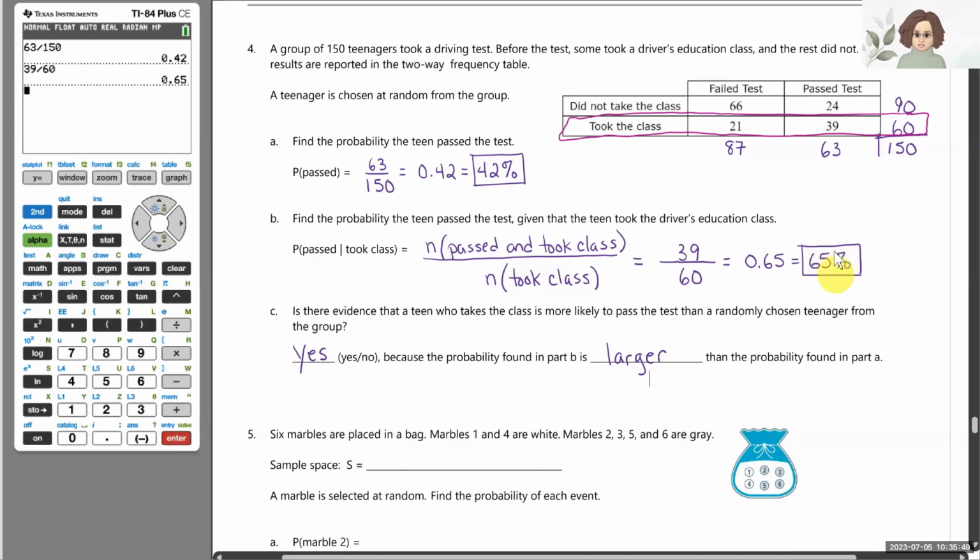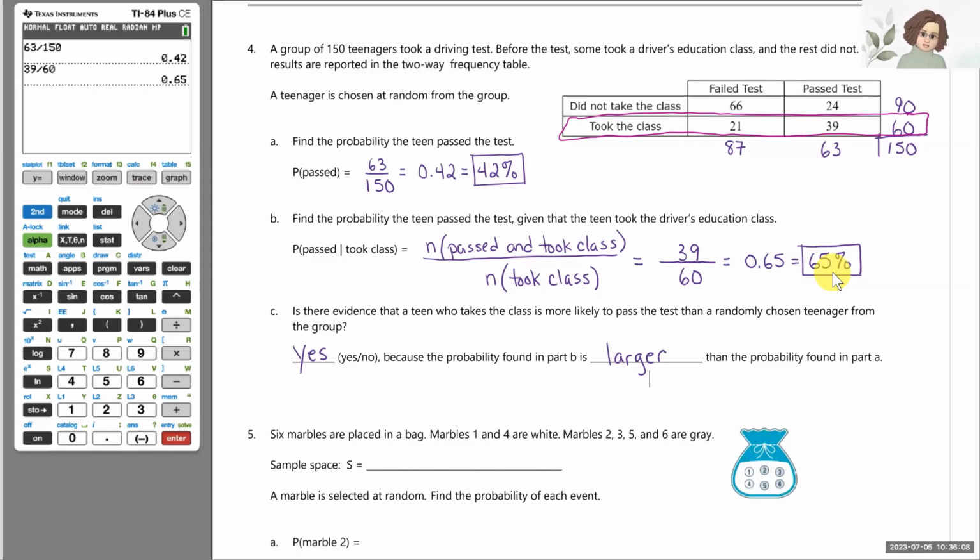If, on the other hand, instead of 65%, this had been, say, 43%, 42 compared to 43 might not be so convincing. So we'll just use our best judgment here and say in this case that yes, I think that's a big enough difference to conclude that the chances of passing the test increases with driver's ed.